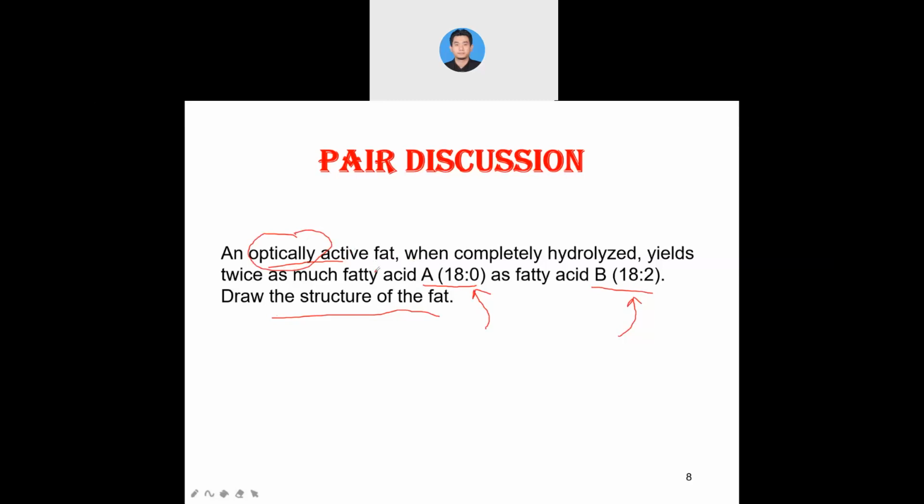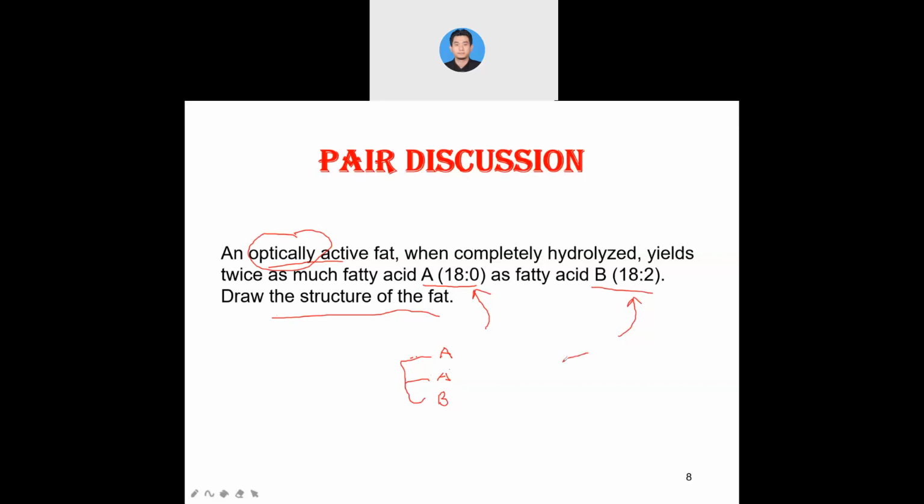Optically active means the combination matters. If I draw it simply, fatty acid A reacts with the glycerol, so the combination will be AAB. This combination is optically active because it doesn't have a plane of symmetry.